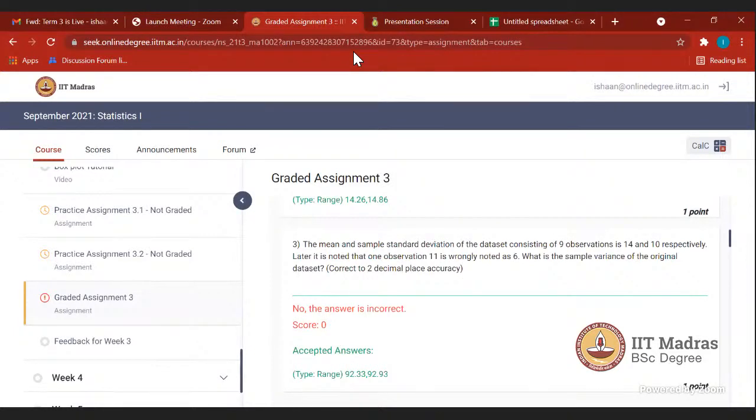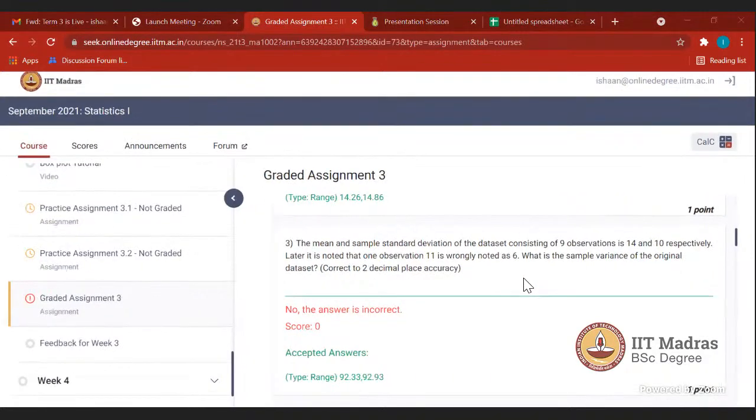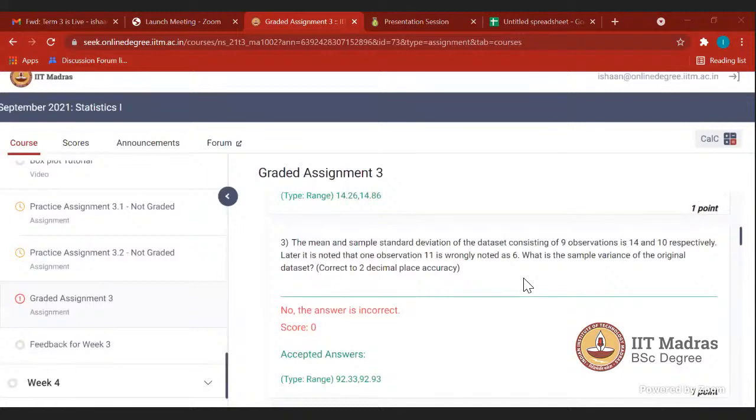I just took the equation for the sample variance. We have sigma x minus x bar the whole square in the numerator. So I took the old x bar minus the difference in the new x bar, so it will be x minus x bar minus 0.43, the whole square.